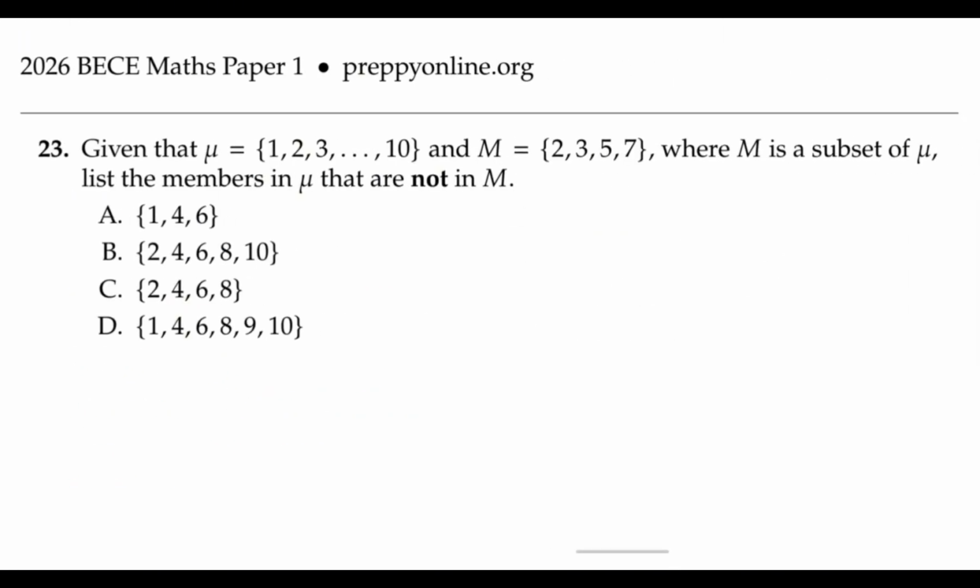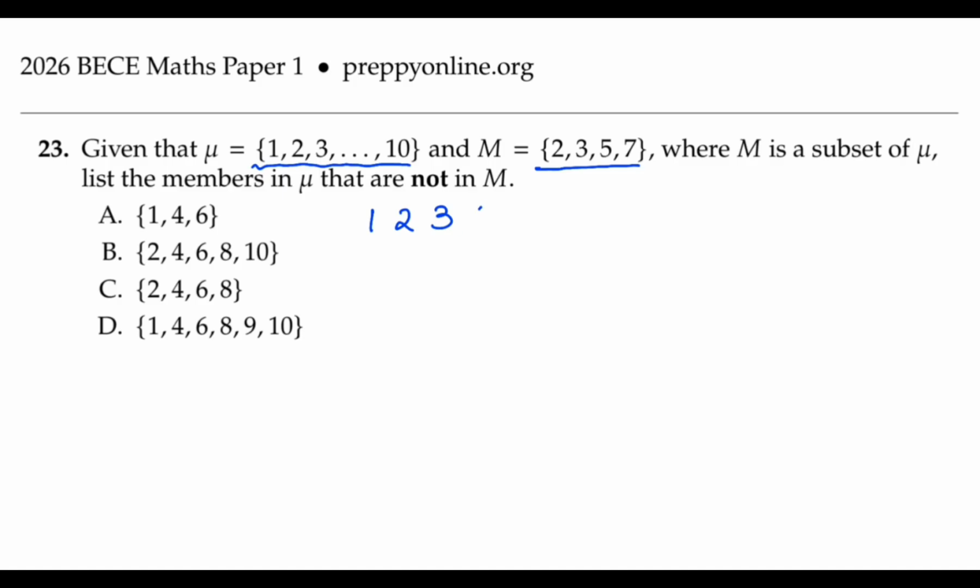Question 23. Given that mu is equal to the set 1, 2, 3 up to 10, and M is equal to the set 2, 3, 5, 7, where M is a subset of mu, list the members in mu that are not in M. So we are given mu 1, 2, 3, all the way up to 10.